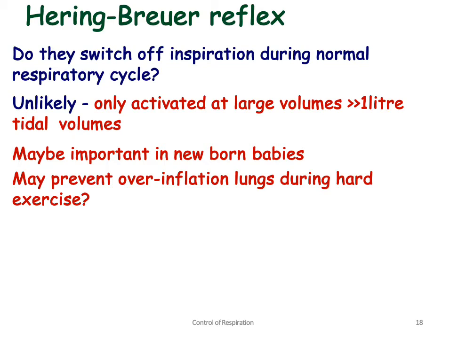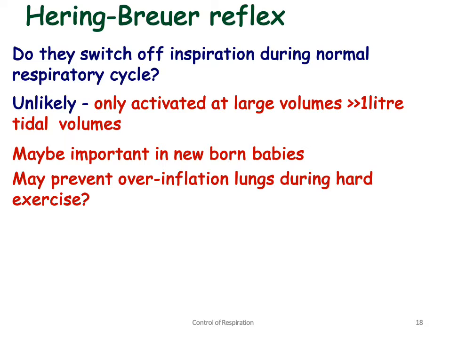So the Hering-Breuer inflation reflex will be followed by expiration, and the Hering-Breuer deflation reflex will be followed by inspiration activities.